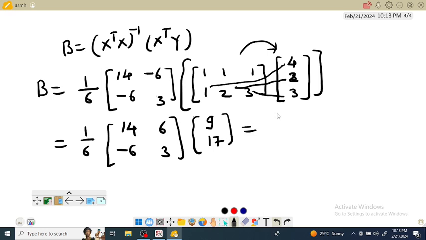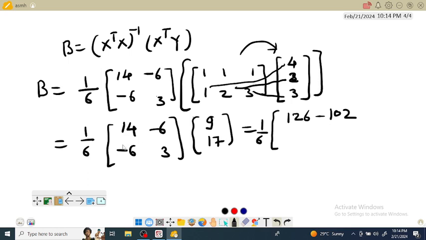Now if you multiply these, you will get 1 by 6 into, 14 into 9 is equal to 126, plus 17 into 6, it will be equal to 102. Sorry, here minus 6 is there, so this will be equal to minus 102. Here is the minus sign, we forgot.